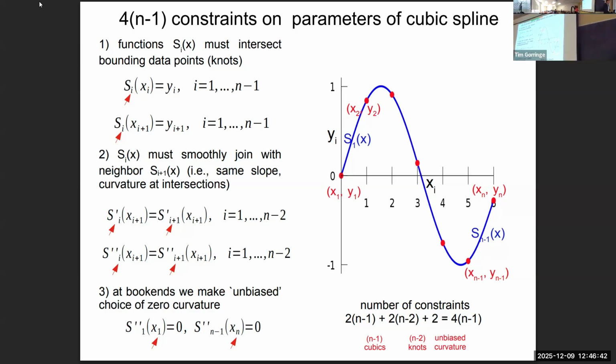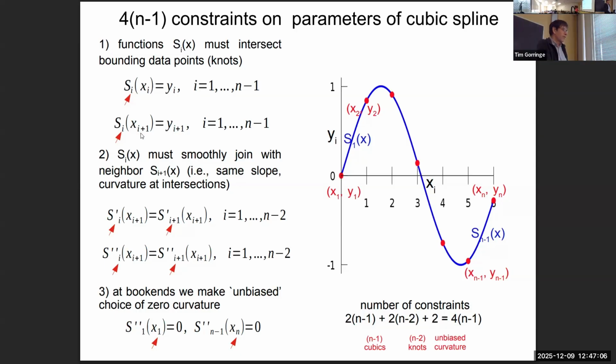And that's what I've listed here, upstairs, for cubic Si. So this is the ith cubic between a pair of points. At the left-hand bookend of the region of interest for that cubic, it must pass through the data point. So that's this statement here.